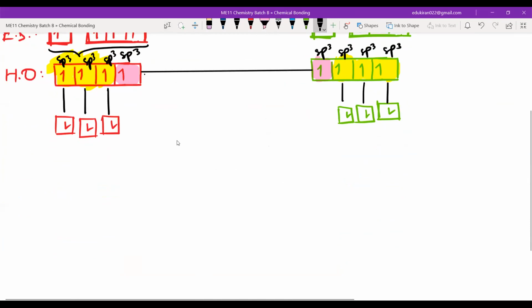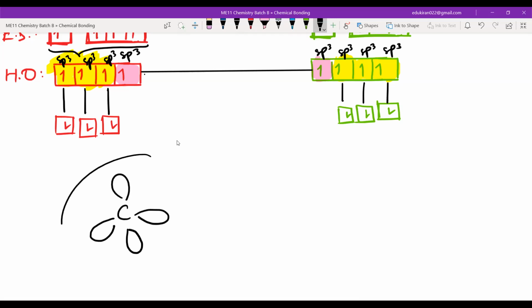So we have a carbon atom like this. This carbon atom has 1, 2, 3, and 4, right? Similarly, this is the red carbon atom.